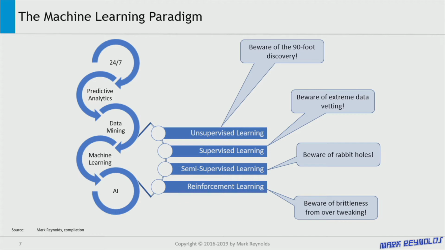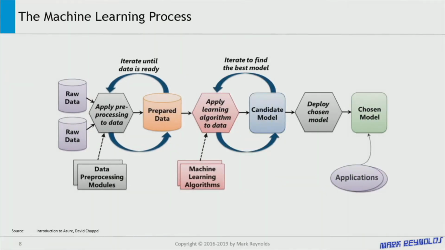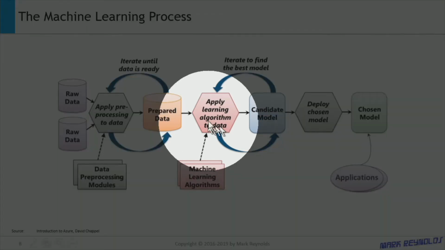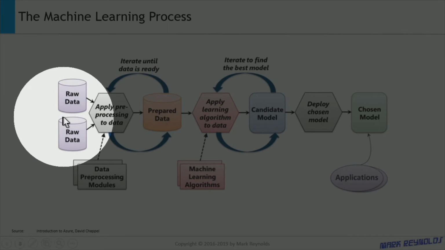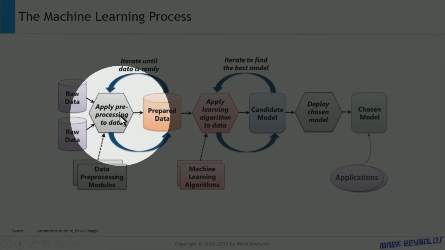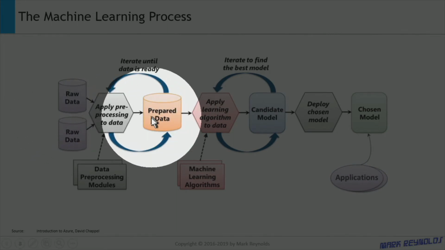Now, I'll come back to that in a moment. Okay, there are a couple of screens on the machine learning process. I don't want to get overly detailed, but you're going to bring your data in. You have to pre-process it. You take that prepared data.